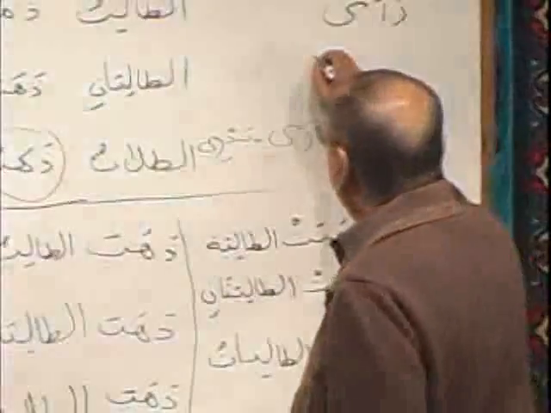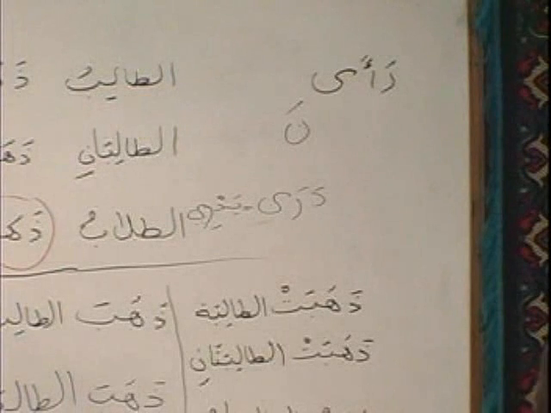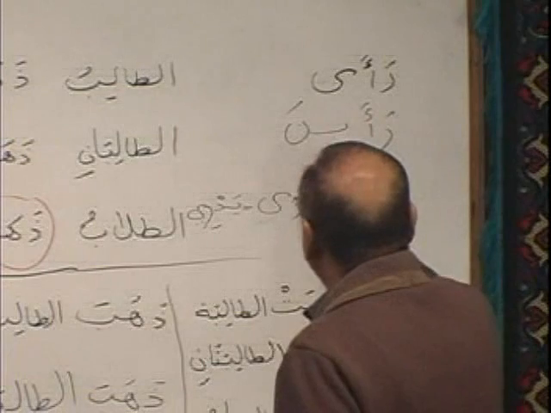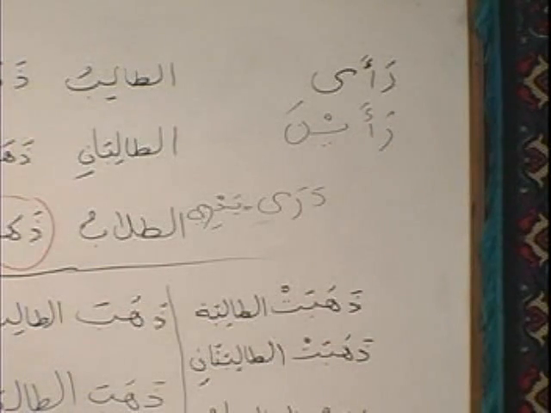Are you with me? So when you make it into hunna, what will it be now? Ra'ayna. Now at hunna, it became visible in its original form. Are you with me? Fine. So what will be? Ra'ay. Where is the verb? Ra'ay. Okay? And once we are there, then what do we do?